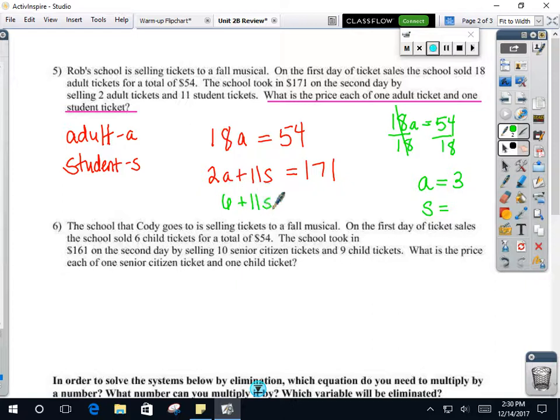And now you just solve for S by subtracting the 6 to the other side, and then that equals 165. And now what do you do? Divide by 11, and so S equals 15.